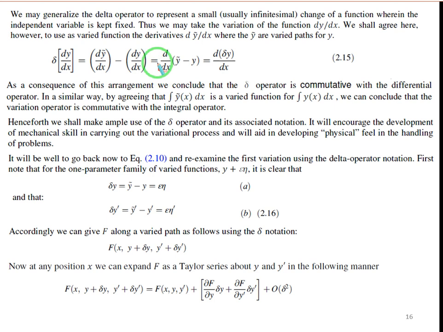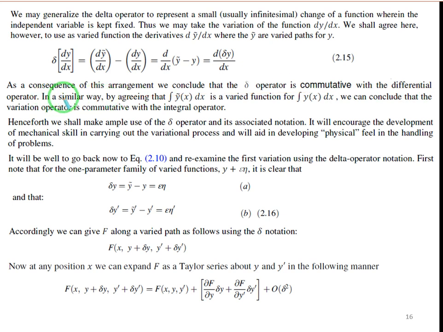If we factor the term d over dx, we have d over dx of y tilde minus y, and this term is equal to delta y. So we can easily say that the delta operator is commutative with the differential operator.